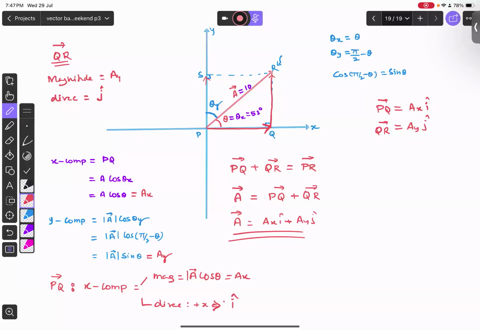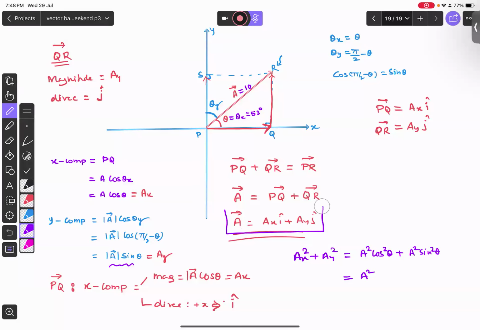So if I tell you vector A is AX i cap plus AY j cap, where AX and AY are the components, you can use these components to find the length of that vector also. You see, AX square plus AY square is going to become equal to how much? A square cos square theta, and AY is A square sine square theta, and that will give us A square.